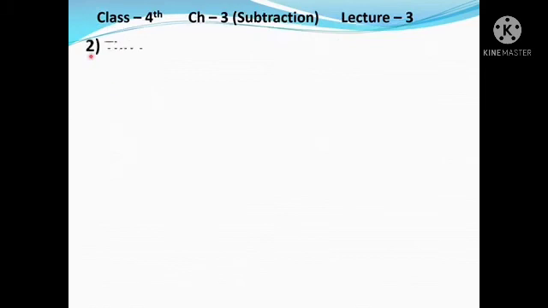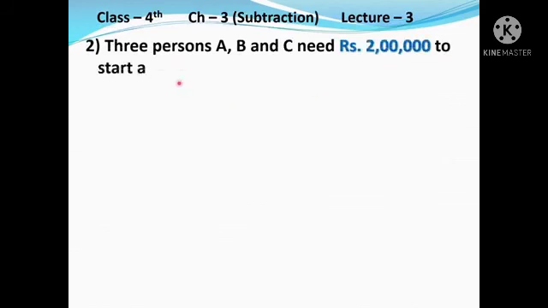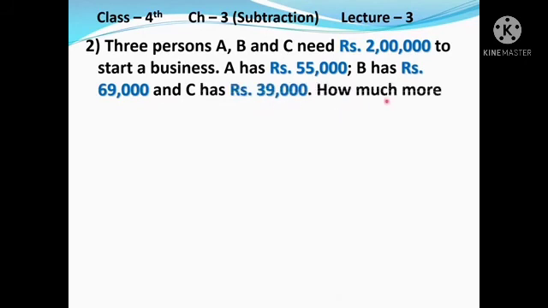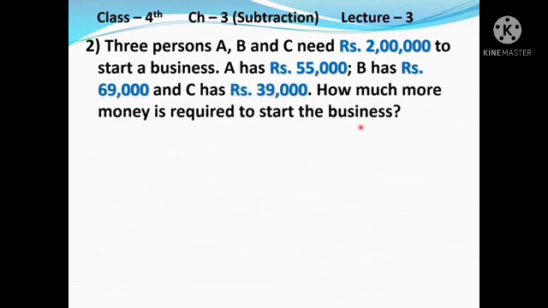Now, question 2. Three persons A, B, and C need rupees 2 lakh to start a business. A has rupees 55,000, B has rupees 69,000, and C has rupees 39,000. How much more money is required to start the business?